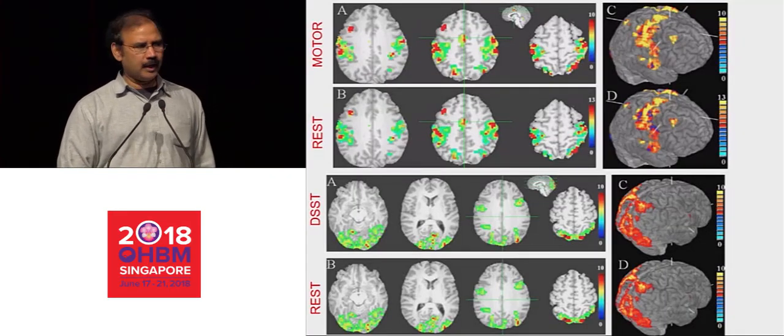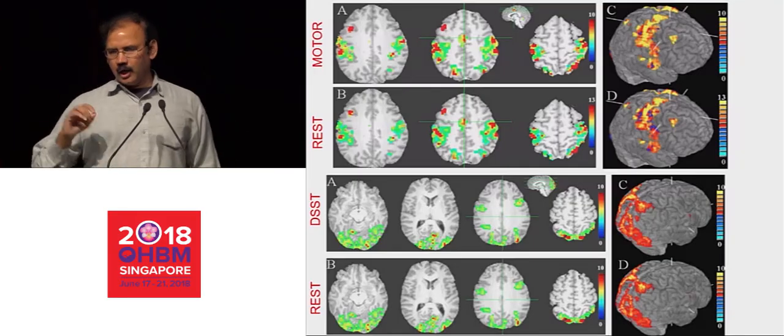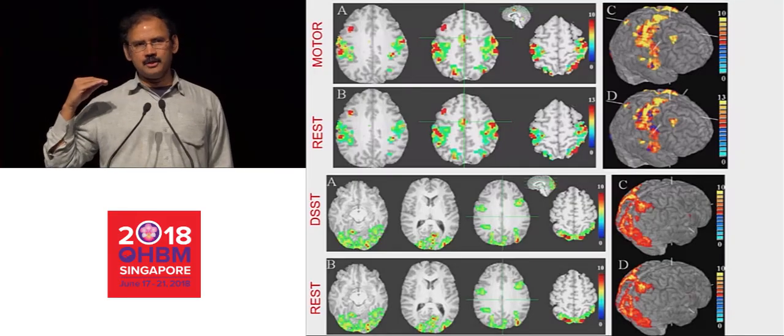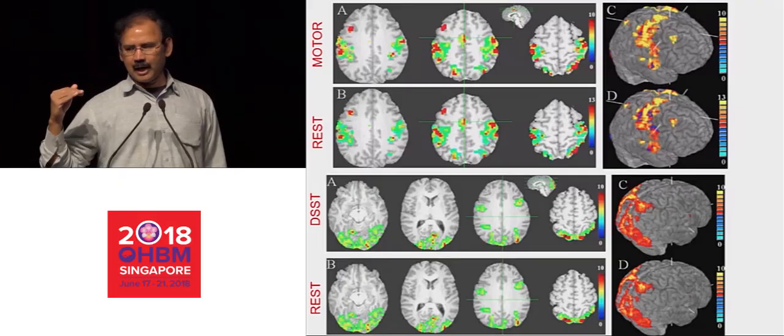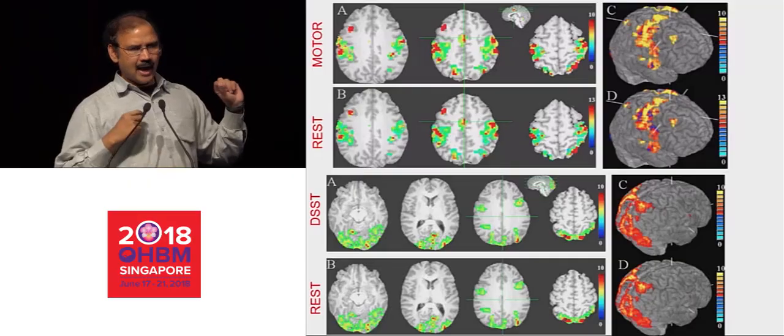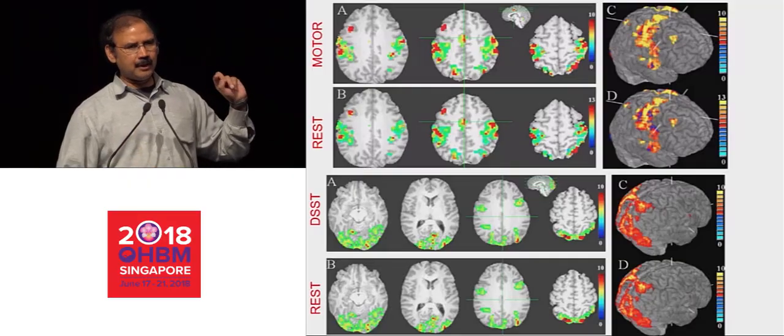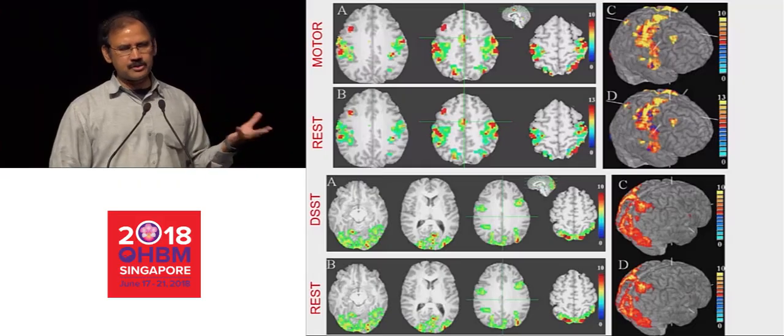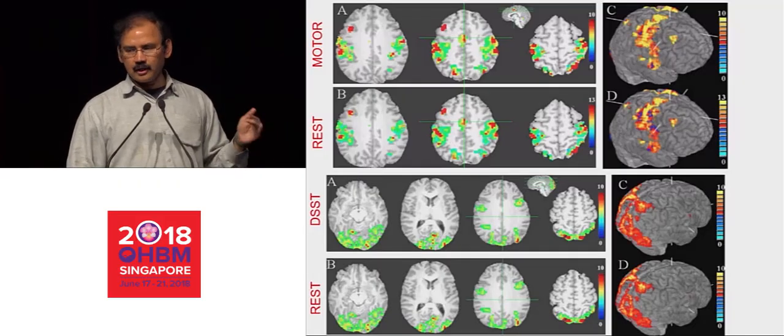And this is showing, the top row is changes in sensory motor cortex during finger tapping. The second row shows, in the active voxels from finger tapping, the amplitude change, the standard deviation from the resting state signal.